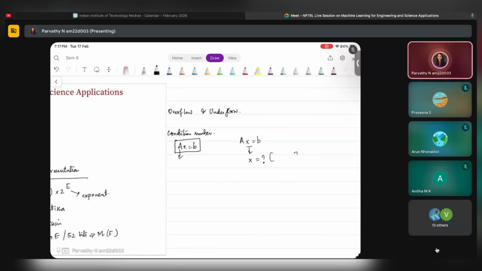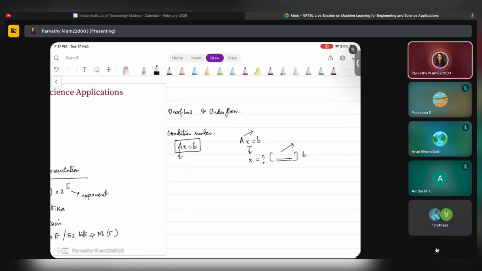You get a representation which involves the pseudo inverse of A times b. If the matrix is ill-conditioned, it will affect this part. So this condition number is an important factor when we deal with such analytical solutions.